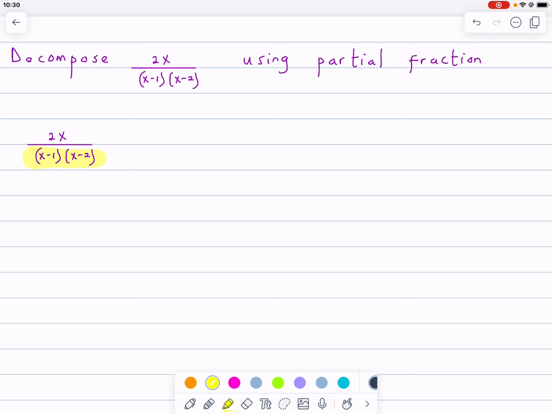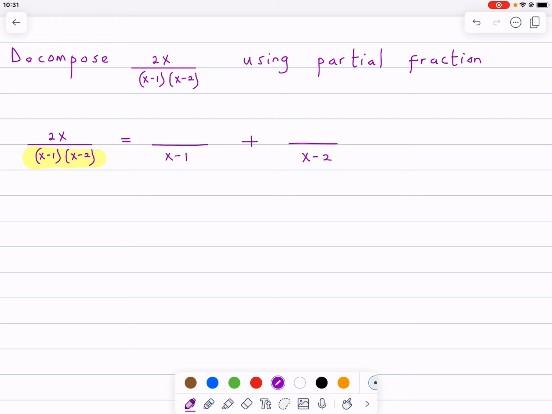So if you want to decompose a rational expression like this, the way you do it is that this is going to be equal to something over the first linear term, which is x minus 1, plus something over the second linear term, which is x minus 2.